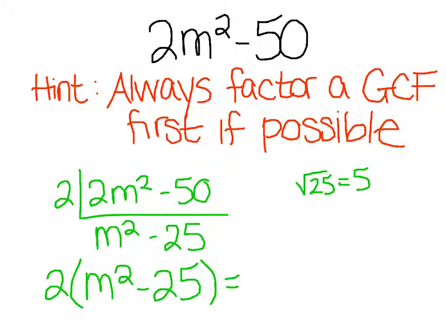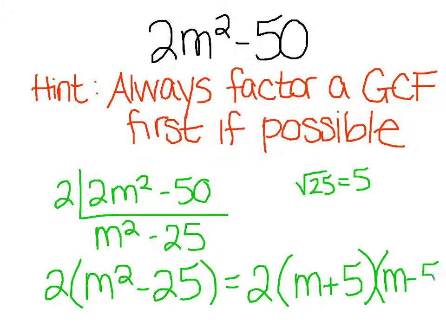So this can factor out even further into m plus 5, so 2 times m plus 5, m minus 5. Sometimes the answer might not be able to factor any further, but at least you've taken out a GCF.